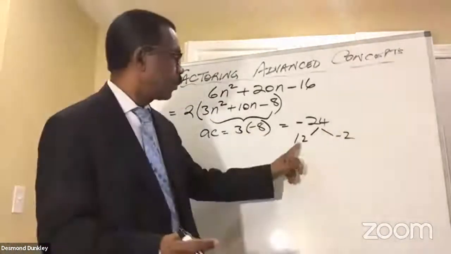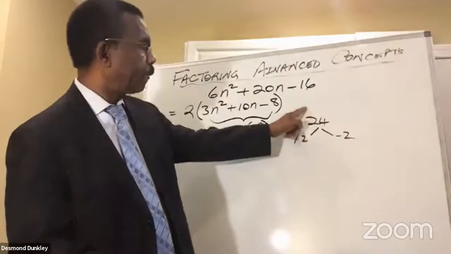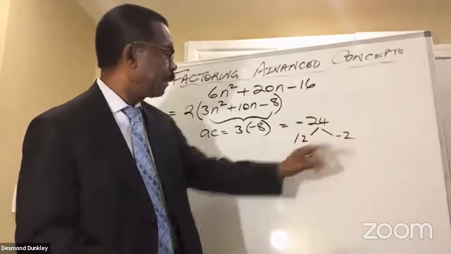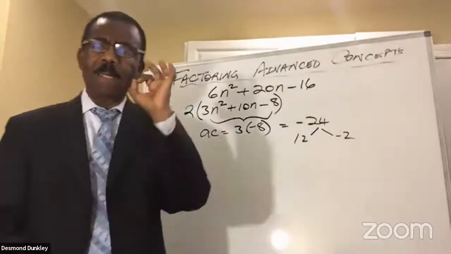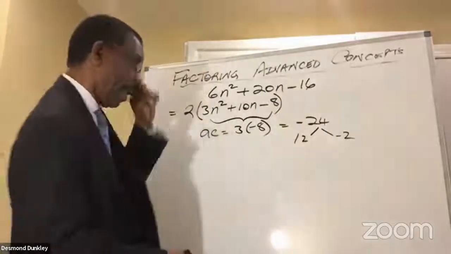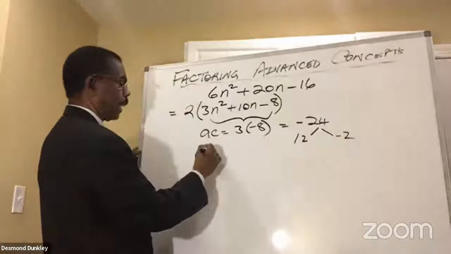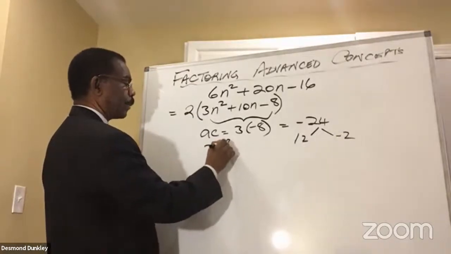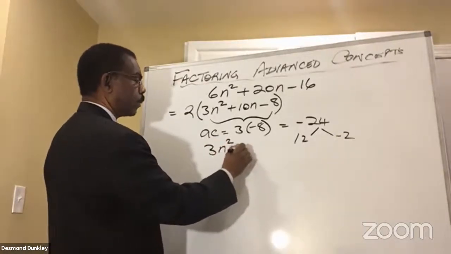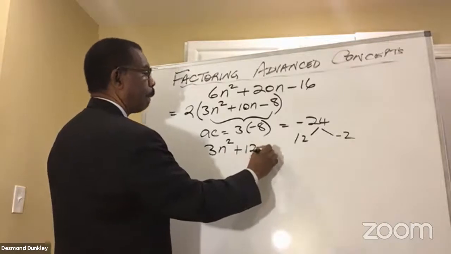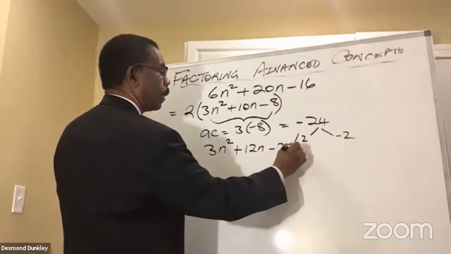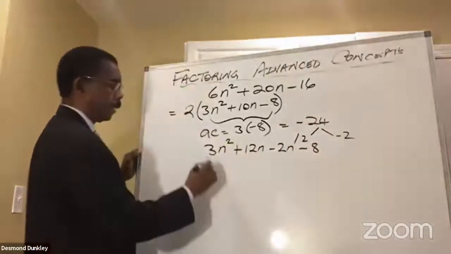Let's check. 12 times negative 2, negative 24. 12 plus negative 2, positive 10. I think we got it. So now we can replace the middle term with these two terms. We have 3n squared plus 12n minus 2n minus 8.